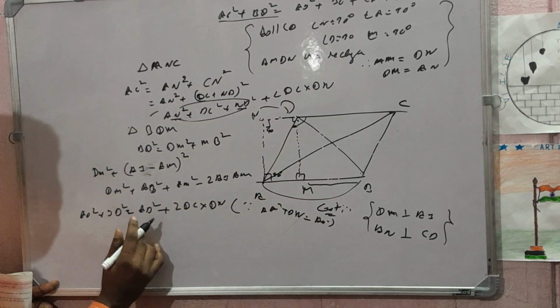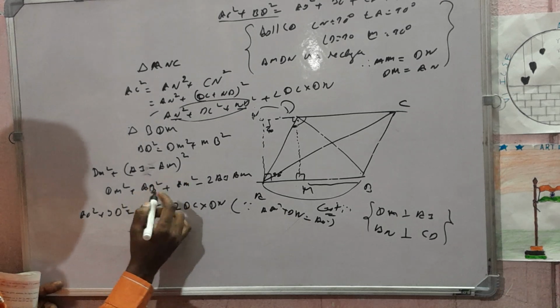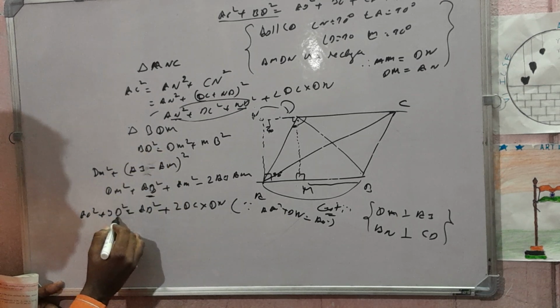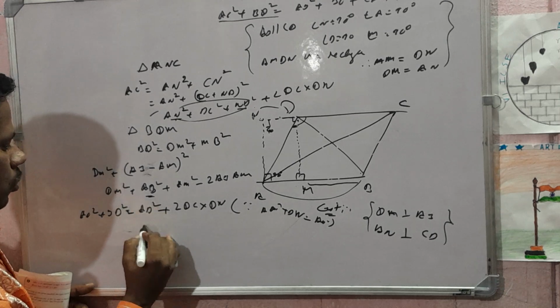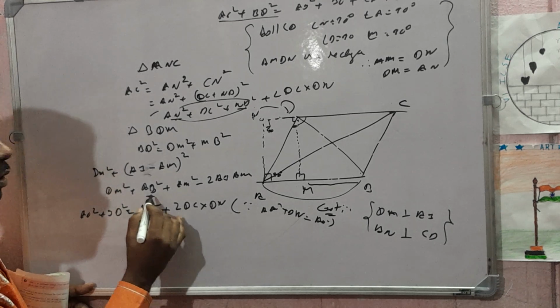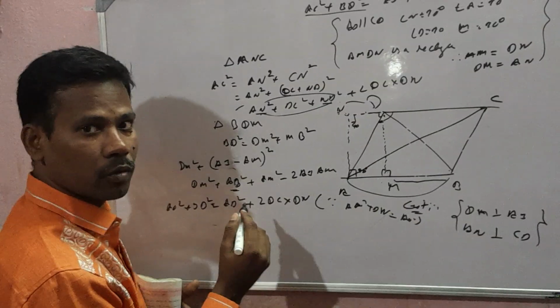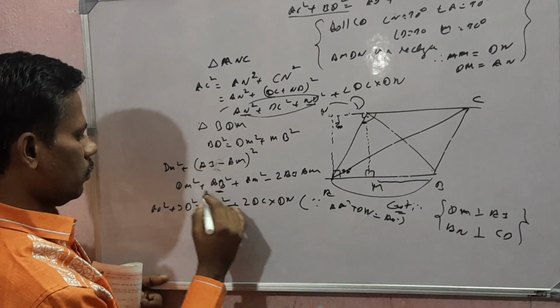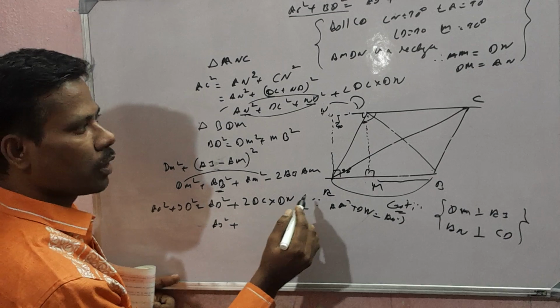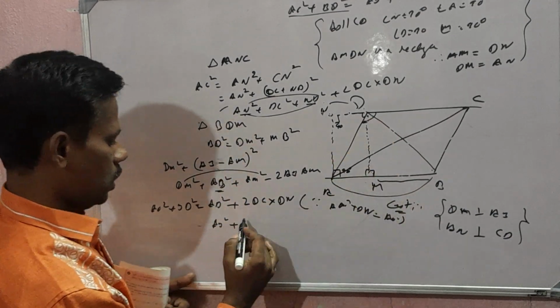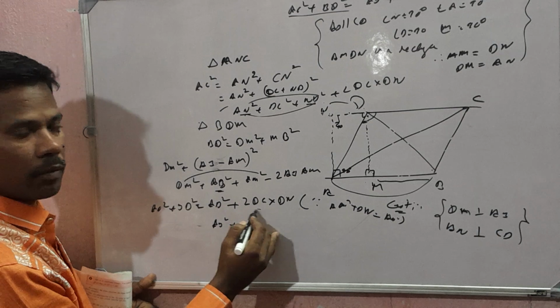Next, this one. AC square plus BD square we have written, no? So AB square plus DM square plus AM square. Is it clear what I am writing?